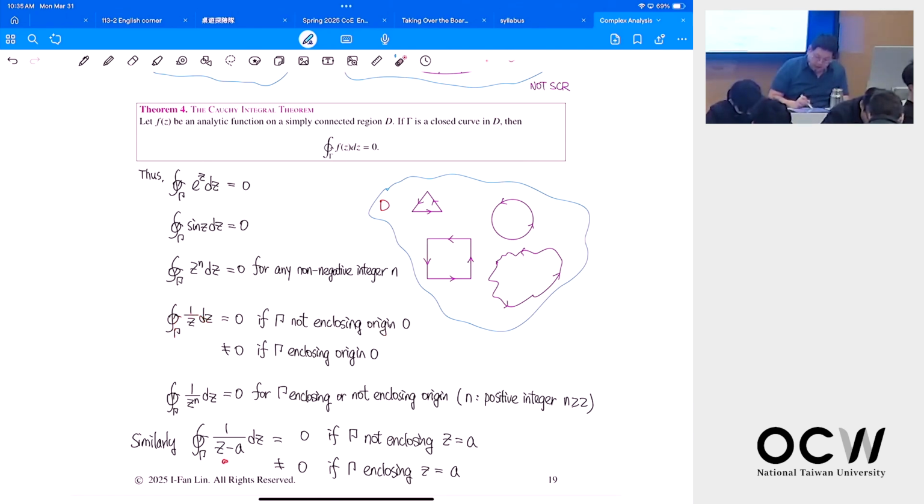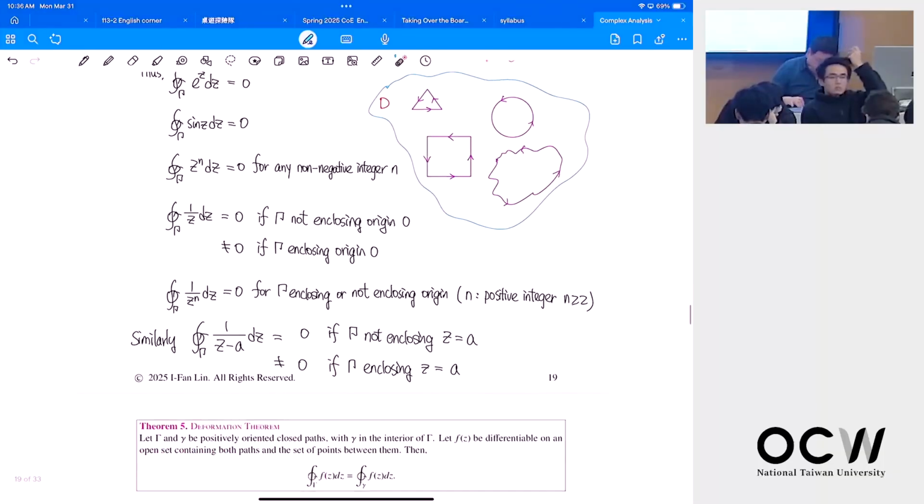Z equals a will be your singular point. If I include your singular point, then my integration is not 0. If not, then for the closed curve, your integration is 0. Let's see why.